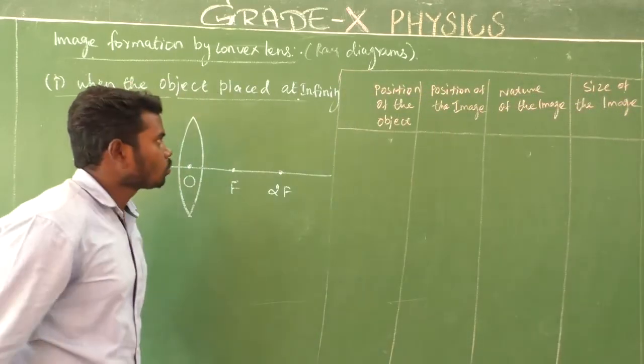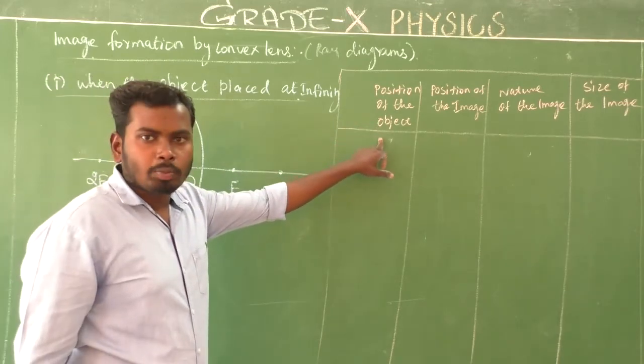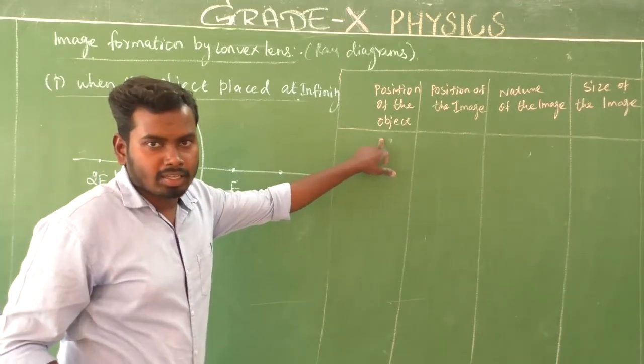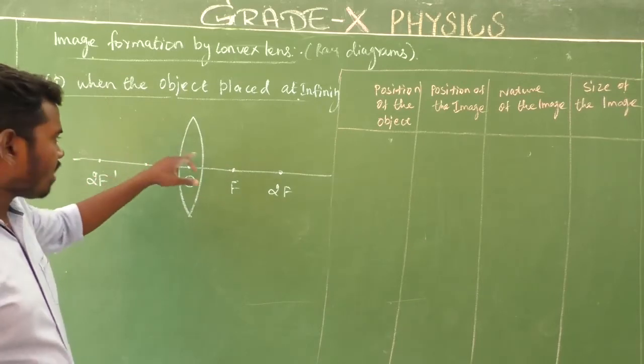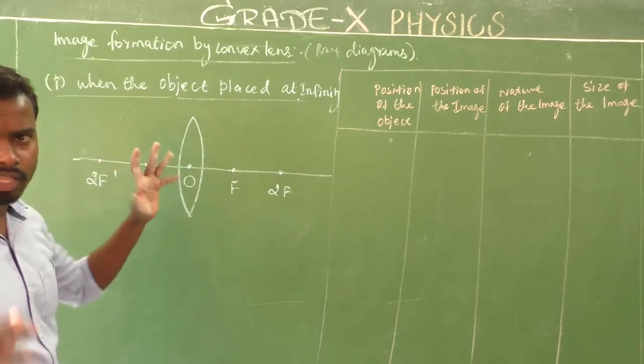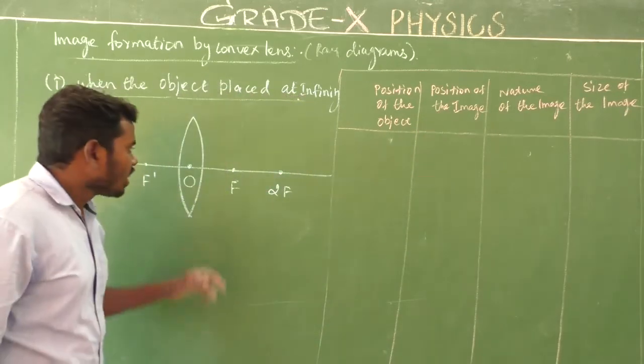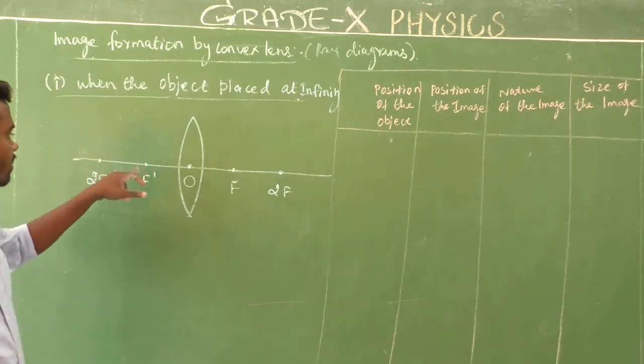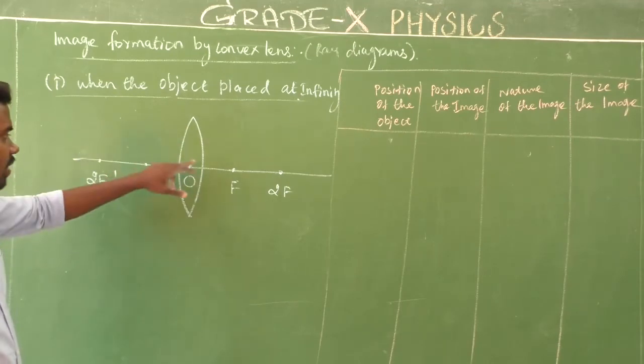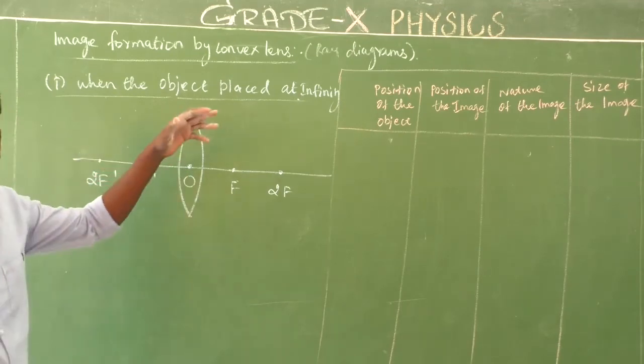Look here. First one, position of the object: where we place the object in front of the convex lens. Next one, position of the image: if you place the object somewhere from the convex lens, where will the image form?